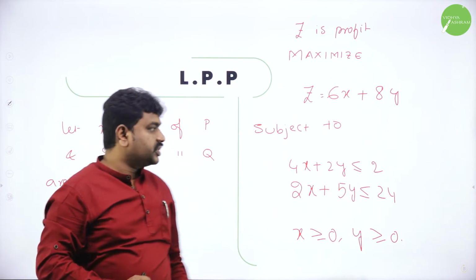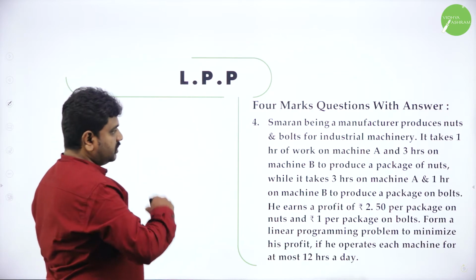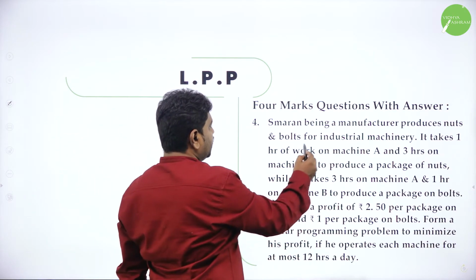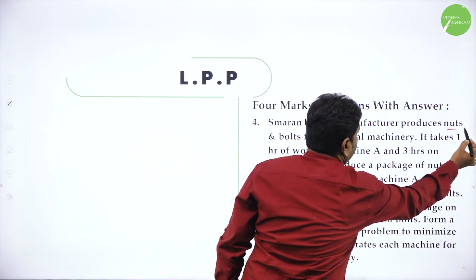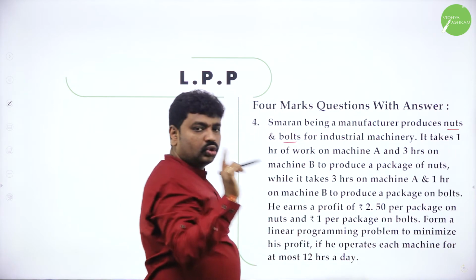Now we will go to the next question, formulating LPP again. Smaran, being a manufacturer, produces nuts and bolts. See, you are producing 2 types of goods, nuts and bolts.